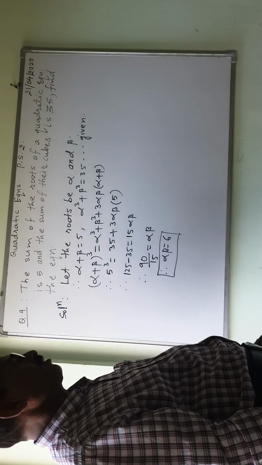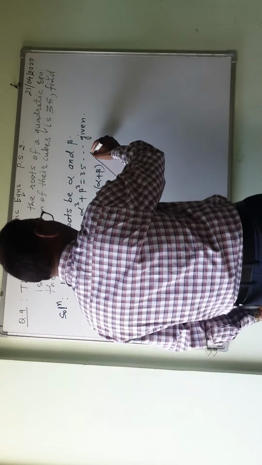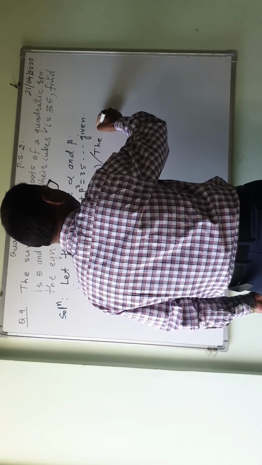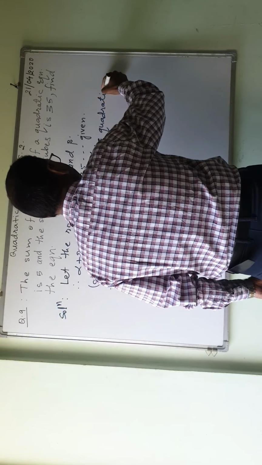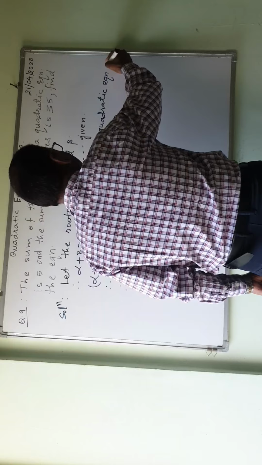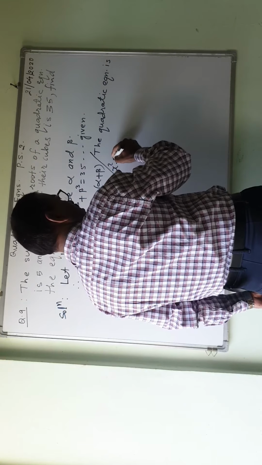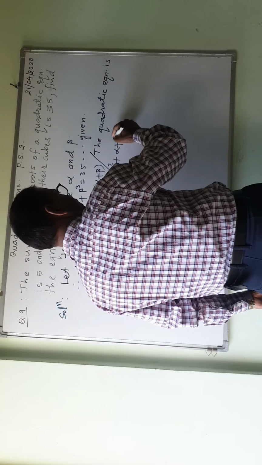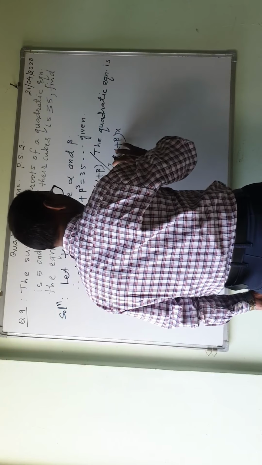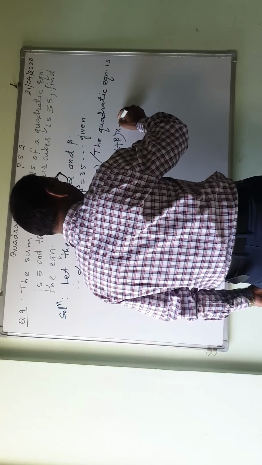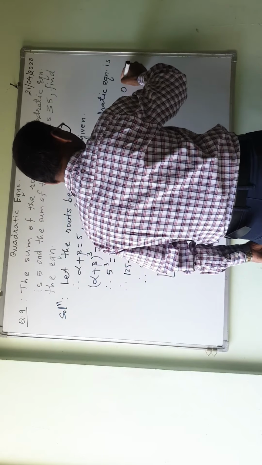Now I want to frame the quadratic equation. Here I will write the quadratic equation is x square minus alpha plus beta into x plus alpha into beta is equal to 0.